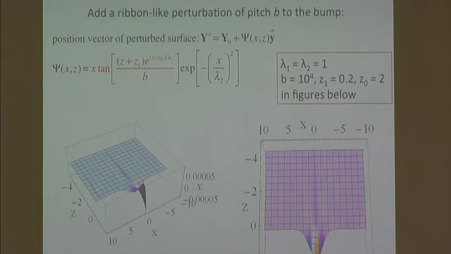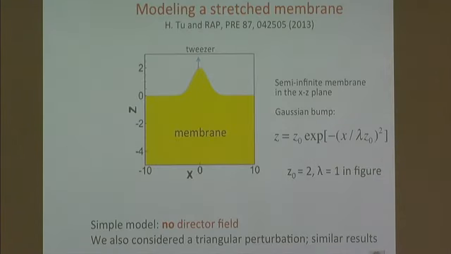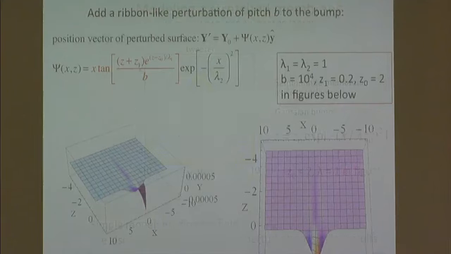And so now, we have a position vector of a perturbed surface. So y0 is just our original surface. That would be the y0, the yellow thing you're seeing there. And then we're adding to that this ribbon perturbation. And so in forming the ribbon, we're pulling the surface in the direction out of that xz plane, in the y direction.